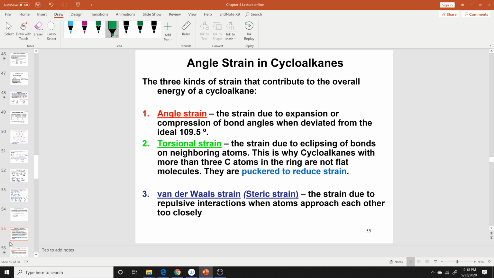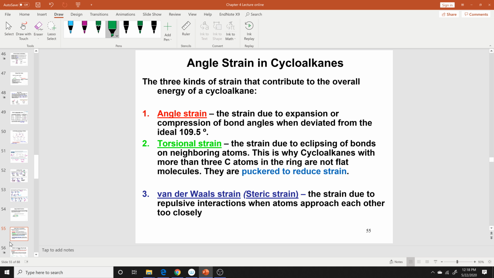Now for the conformations of cycloalkanes. So far we know that with alkanes there are two forms of energy strain that we have to take into consideration.